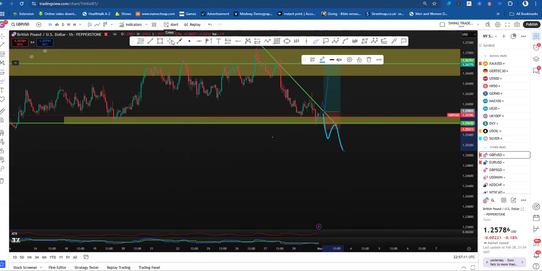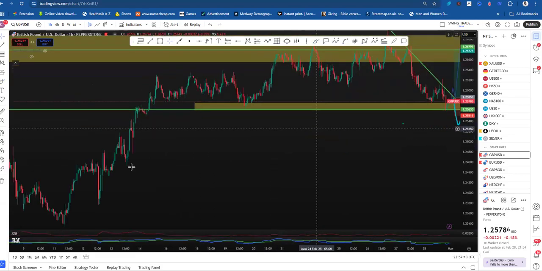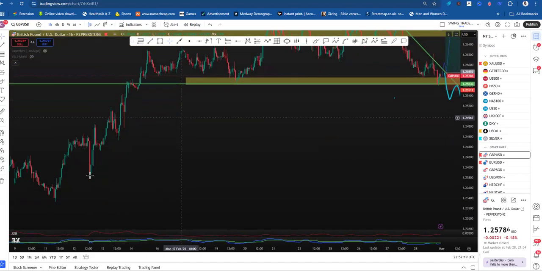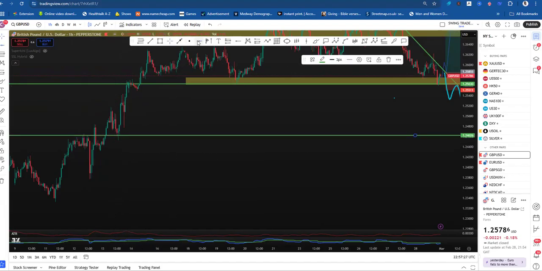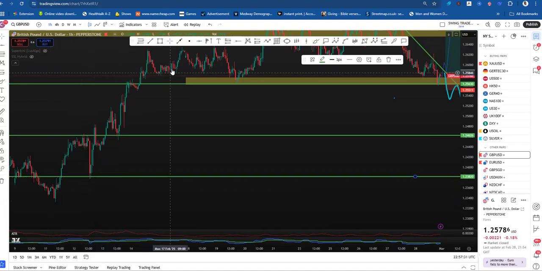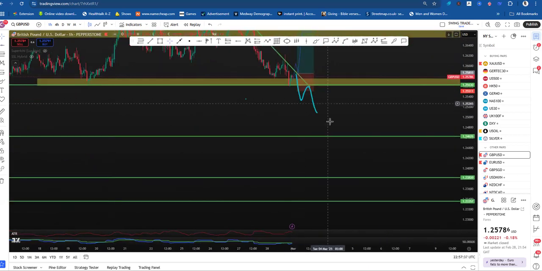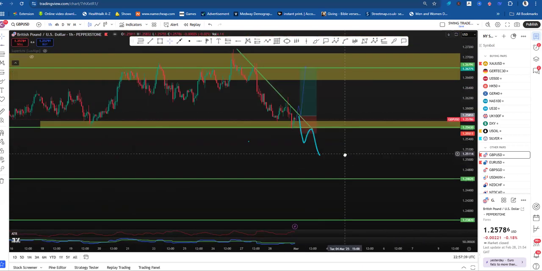That means we should be looking at key areas like these levels here, price action here and here as major key levels for TPs. So we're looking at this area here, TP here, and also here, TP here, and even here as TP areas on GU.